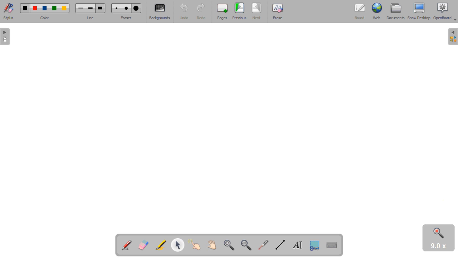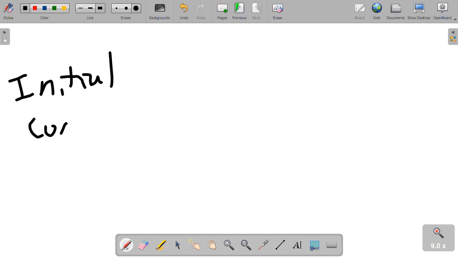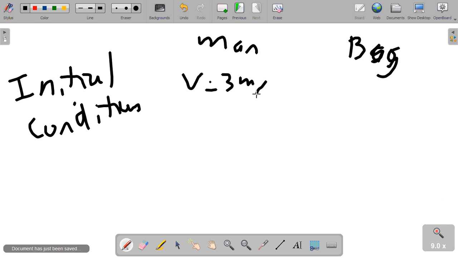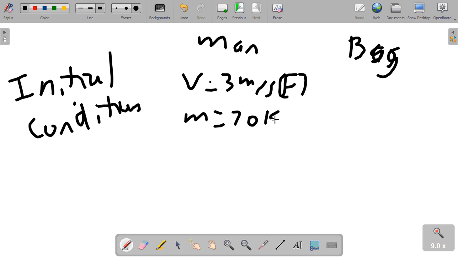So our initial conditions: we have the man and the bag. The man has a velocity of 3 meters per second forward and a mass of 70 kilograms.